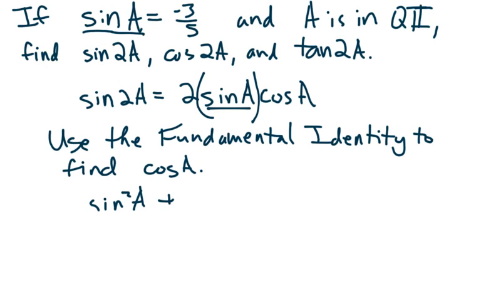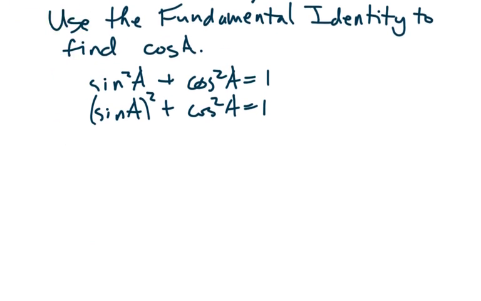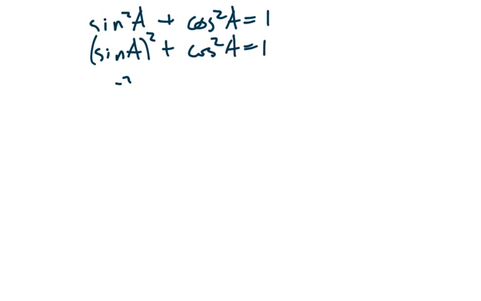We know that sine squared a plus cosine squared a is equal to 1. We know further that sine of a is negative 3/5. So we substitute negative 3/5 for sine of a. Negative 3/5 squared, then, plus cosine squared of a equals 1.